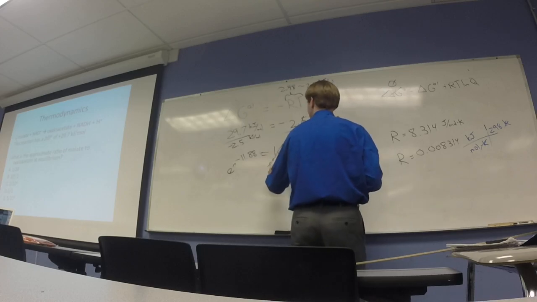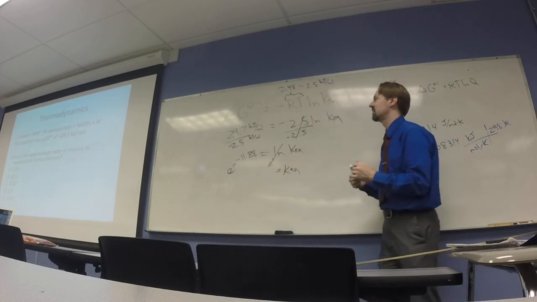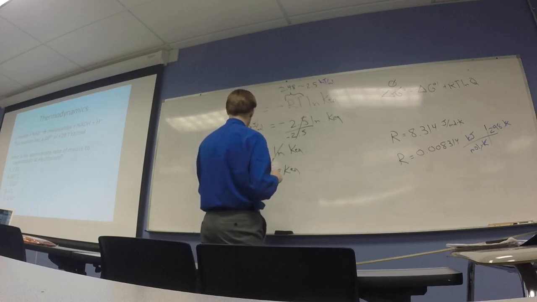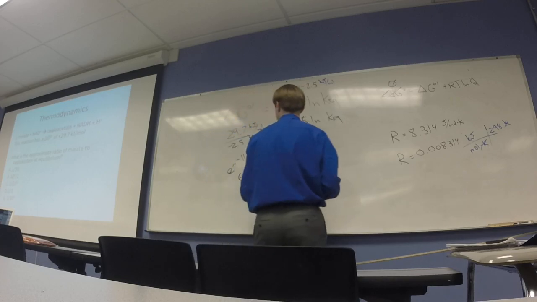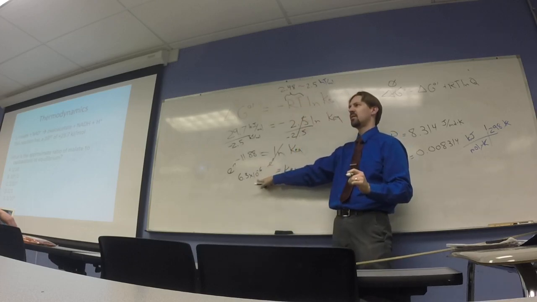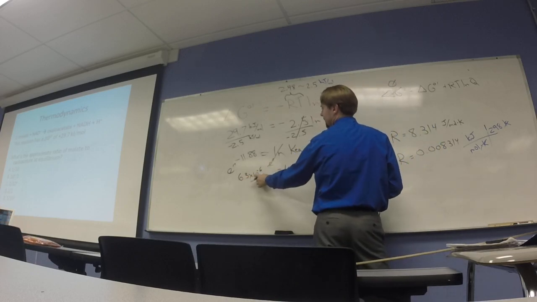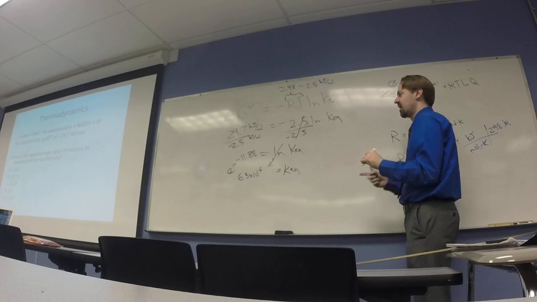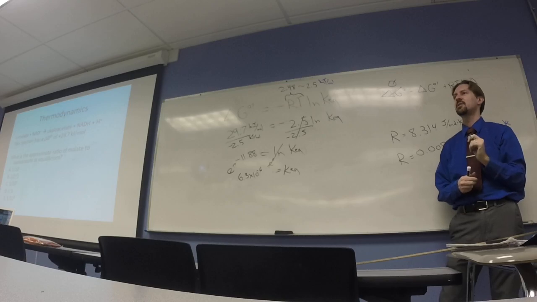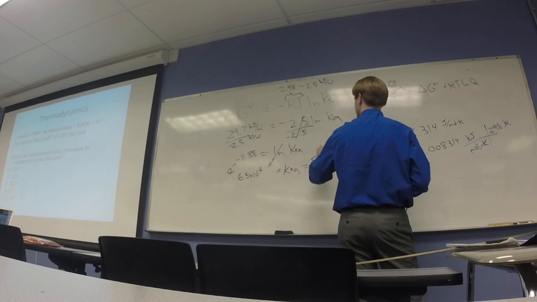And I end up with KEQ equals E to the negative 11.88, which is 6.3 times 10 to the negative 6. Good so far? But remember, KEQ is products over reactants. KEQ is always products over reactants.